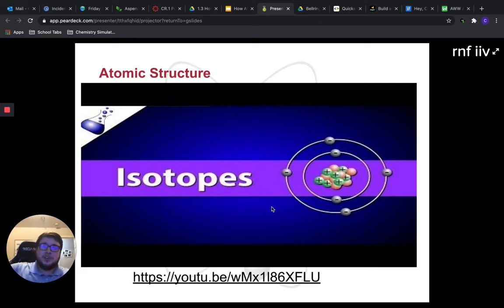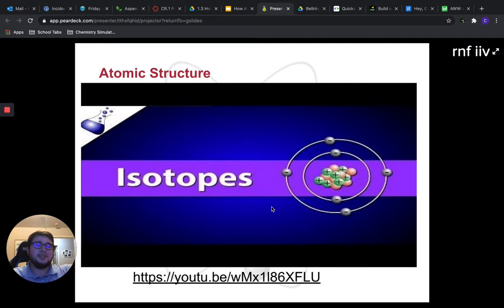These are all different breeds or versions of dogs, much the same way that you would have different versions of a certain element. So you might have a carbon element that has 6 neutrons in it. You might have one that has 8 neutrons in it. You might have one that has 7 neutrons in it. And so these are different versions of the same element, right?